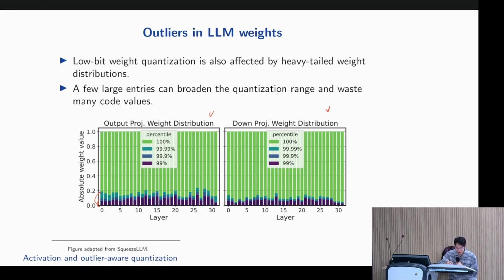So the things in the tail actually have high values, and most of the weights are concentrated near zero. So, for example, if we do uniform grid quantization, that's going to create lots of problems, because the grid resolution is going to be very sparse towards the outlier points, and it's going to be a fine grid near zero.